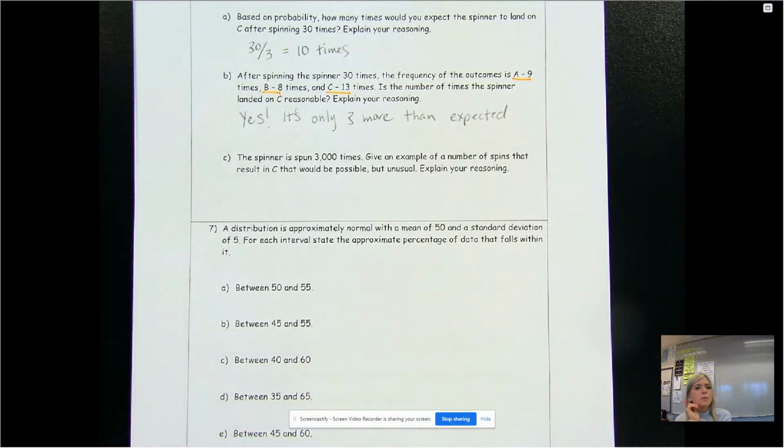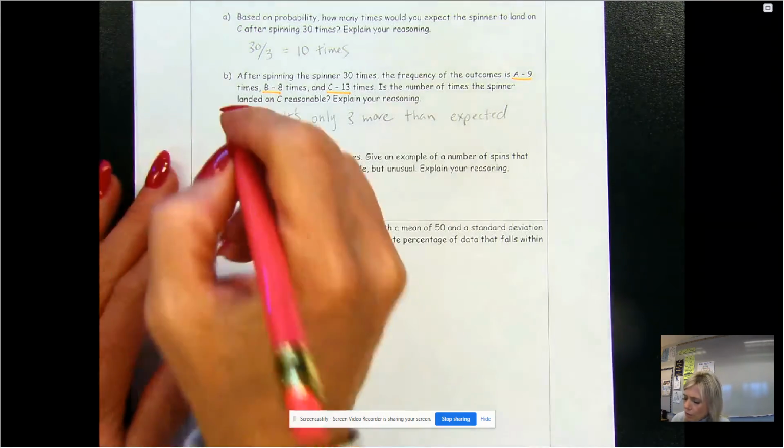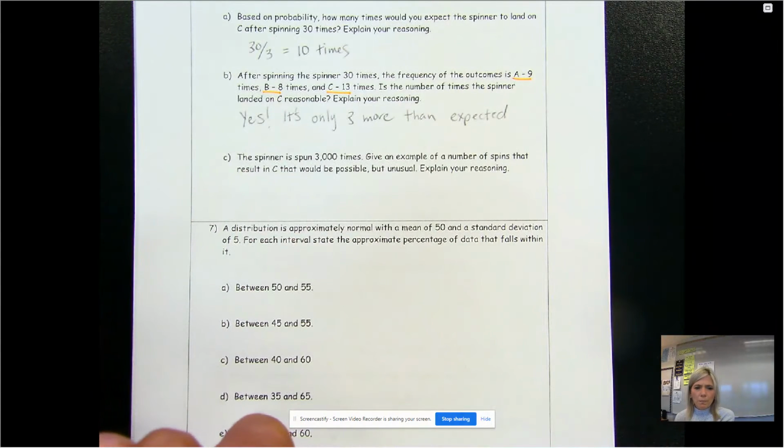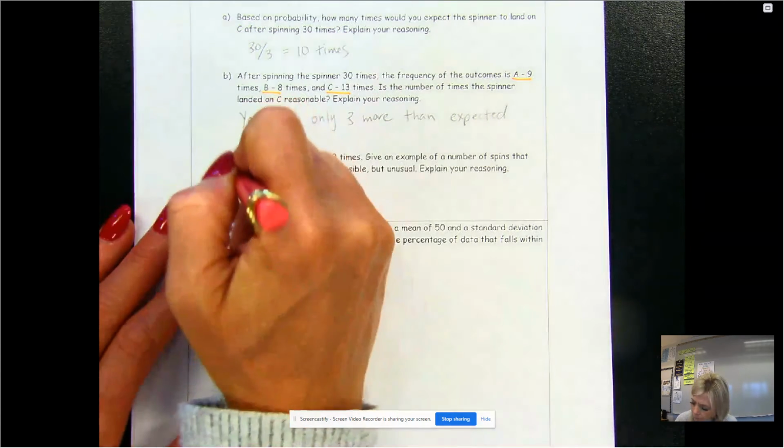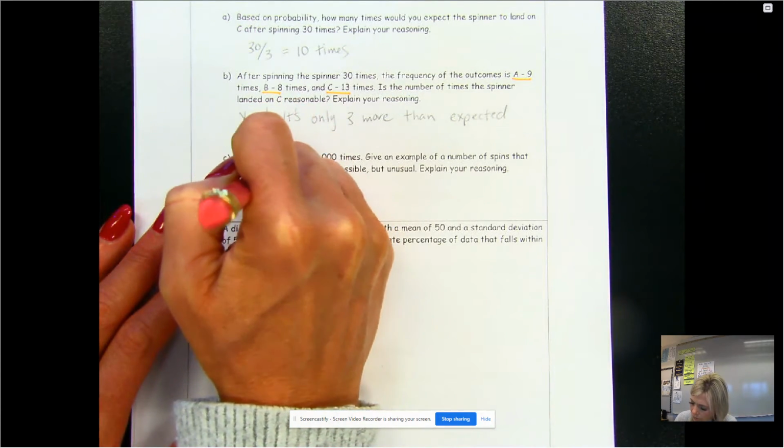And then for C, the spinner is spun 3,000 times. Give an example of a number of spins that would result in C that would be possible but unusual. Okay, so I would expect it to land on C 1,000 times, right? 1/3 of the time.